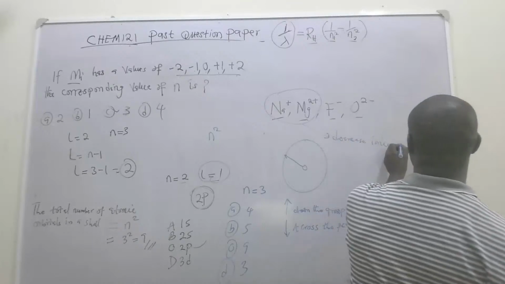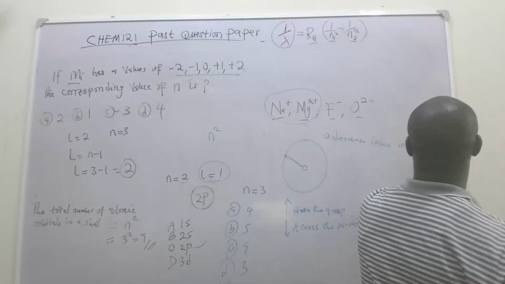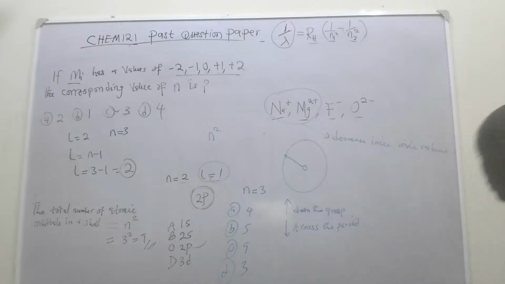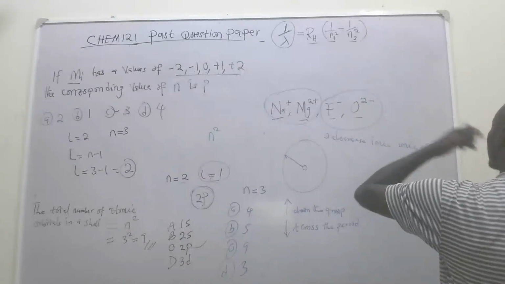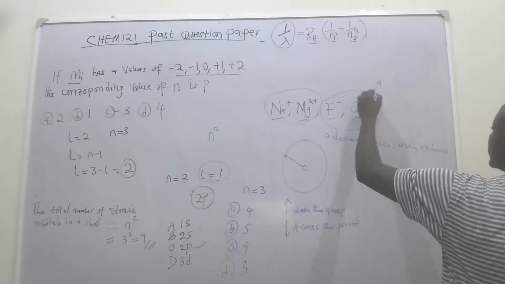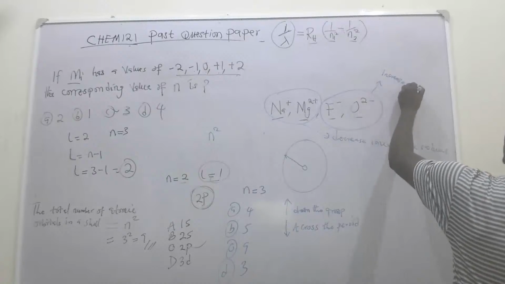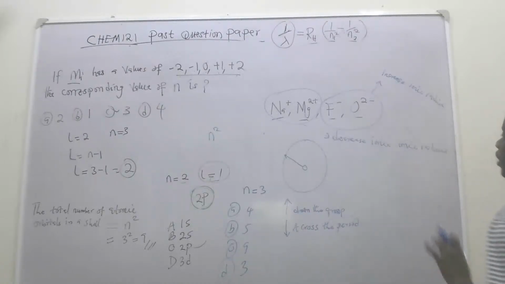While for anions, those that have negative charge, they have increased ionic radius.